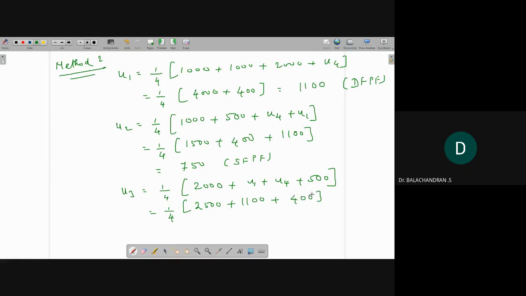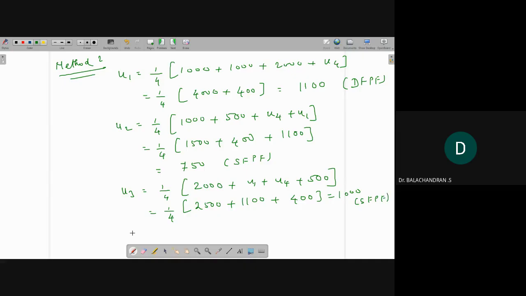So I need the final answer for U3. This is 4000 divided by 4, 1000. Here I am using the standard 5-point formula.